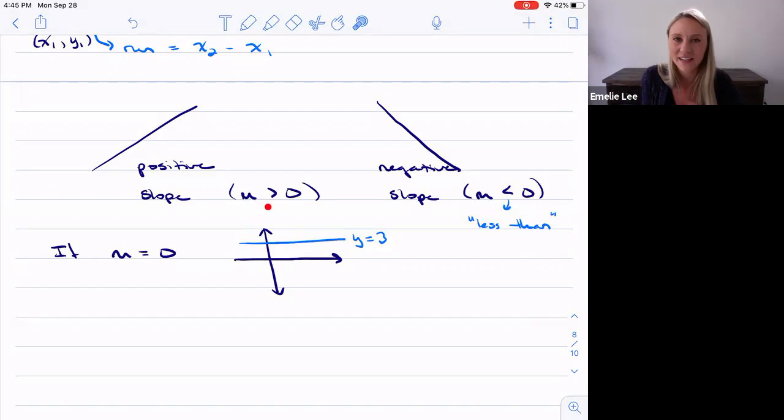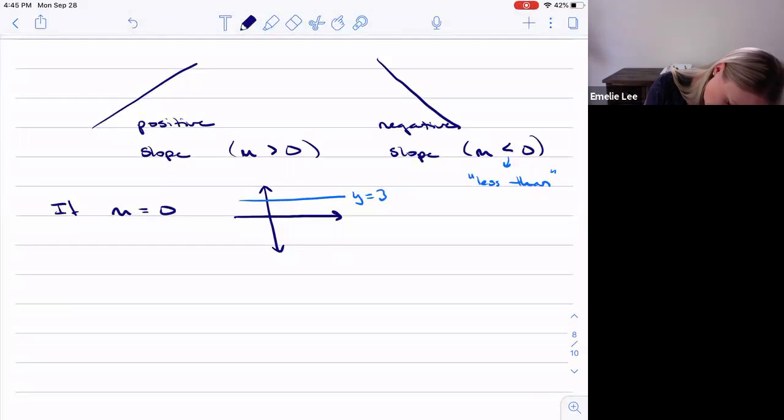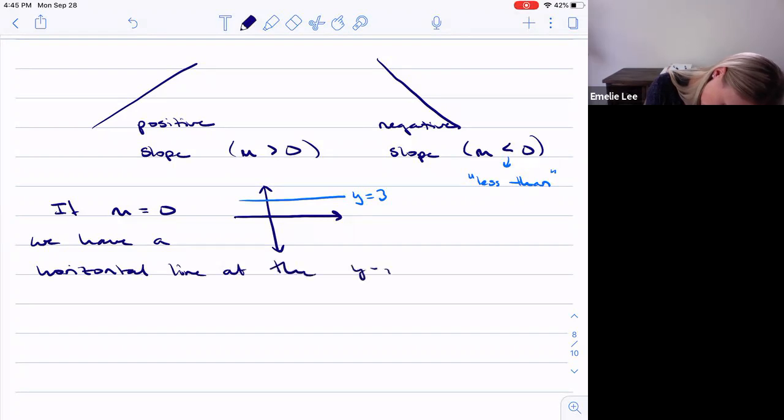And if it's not an L, then it's greater than, m is greater than 0. So if the slope is 0, then we've got this horizontal line at whatever the y-intercept is. If m equals 0, we have a horizontal line at the y-intercept.